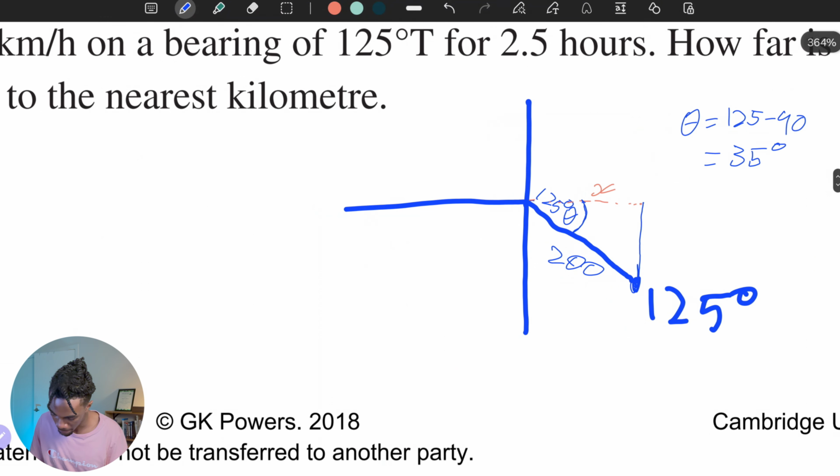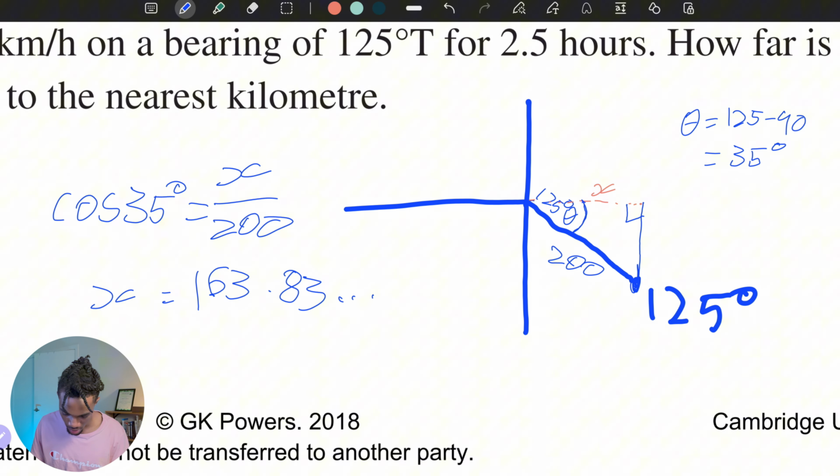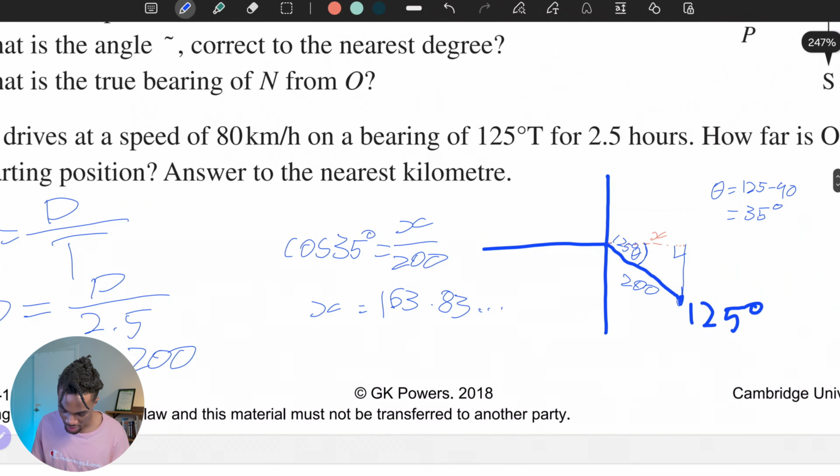Then cosine 35 degrees equals x over 200, because this is a right angle in here. So x equals 163.83... Answer to the nearest kilometer, so that is approximately equal to 164 kilometers.